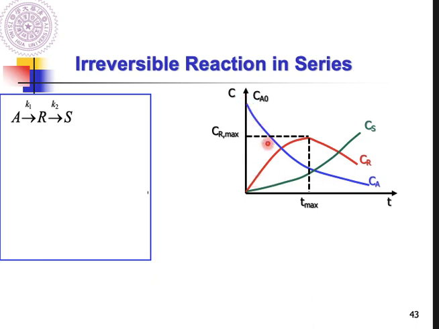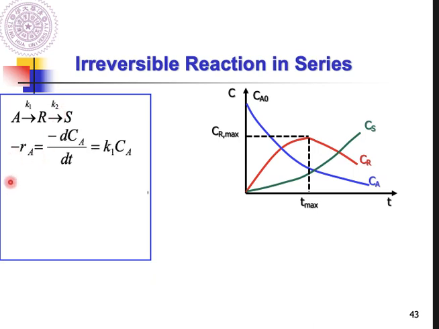The CA turns like an exponential decay, the CR will increase, reach a maximum and decrease, and the CS increases all the way. So now you have experimental data like this, because you always measure the concentration of reactants, intermediate, and products.